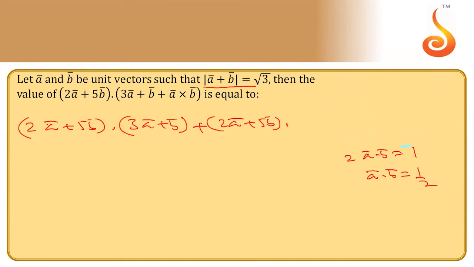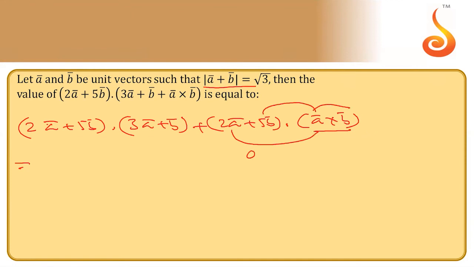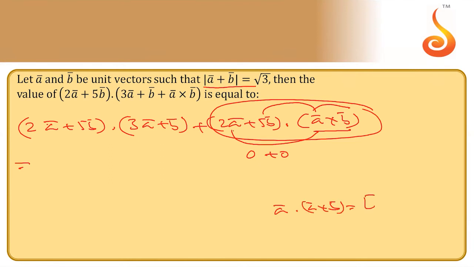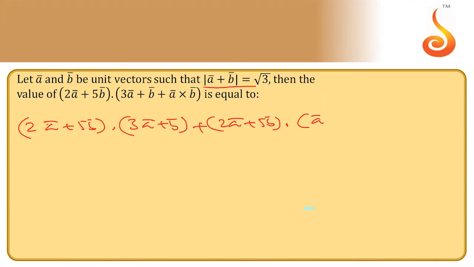We did so many questions, even in tutorial class, so you can just revise now. Here A dot A cross B is the box product, which is 0, and B dot A cross B is also 0. That means the entire second term becomes 0, since the box of A, A, B gives 0.